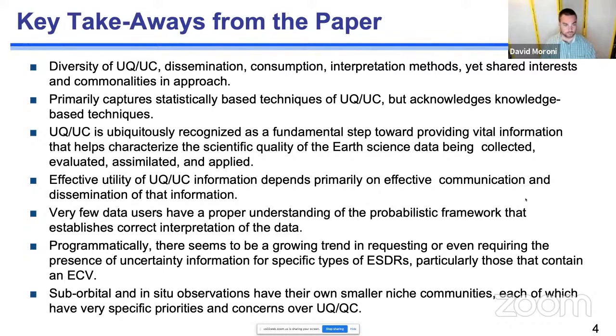That was unanimously agreed upon, as well as the need for a commonality in approach to how it's estimated, how it's interpreted, and potentially even how it's packaged and disseminated. While the paper doesn't really go into making concrete recommendations, I think of it as providing the foundation where we can now go ahead and do that.